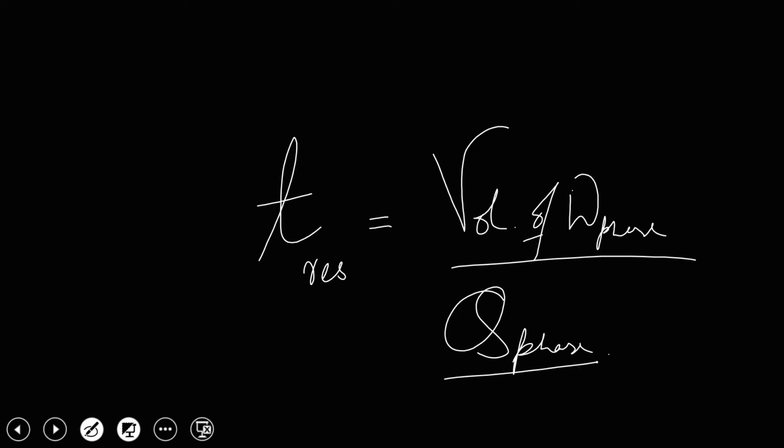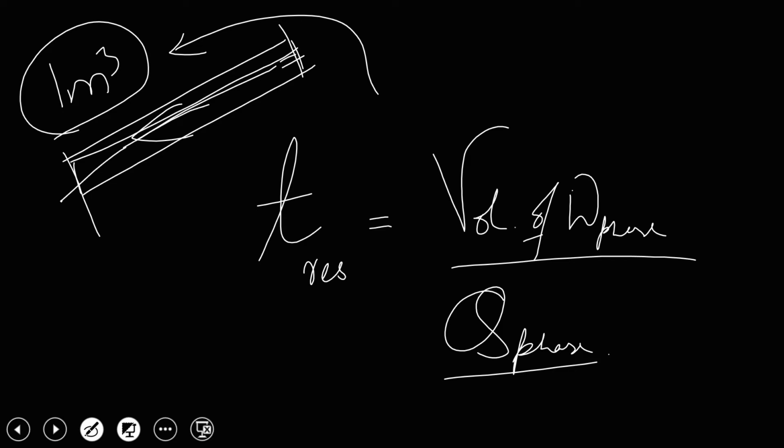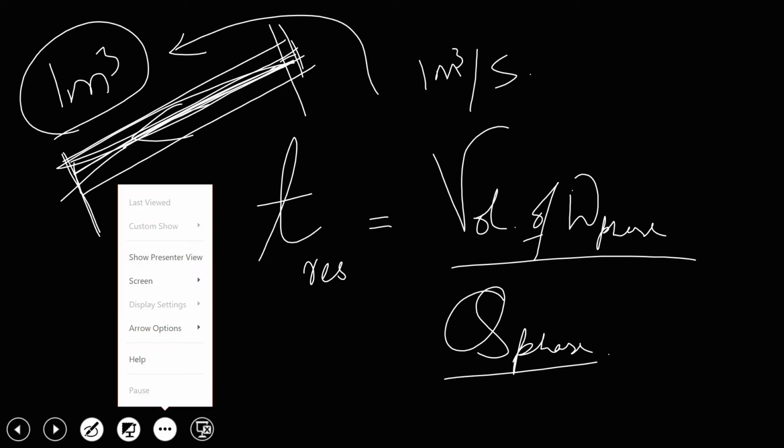For example, let's talk about the runoff. If 1 meter cube of water is running off from this particular section, and the discharge going through this particular section on average is 1 meter cube per second, then the residence time for water in this section would be, you have guessed it right, 1 second.